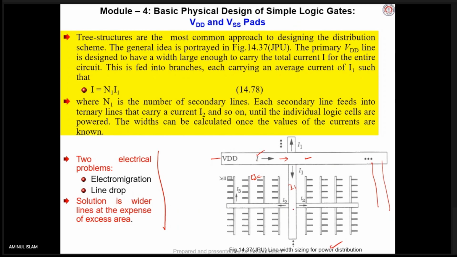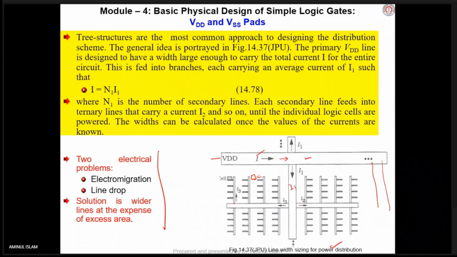Then it is routed through the secondary metal lines, whose width and thickness will be smaller, which carry I1. Then further, a smaller amount of current will be routed through these even thinner wires, which will be carrying I2 on average. This is the average current, of course.